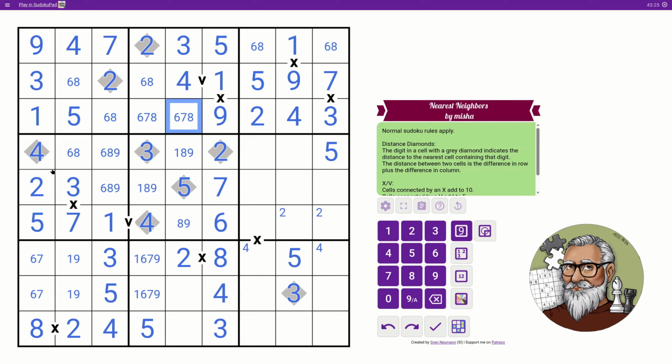Not as useful as one would hope. Do I really have to pencil mark all of these things? That doesn't sound very productive, I have to say. No, I don't have to. I just have to use my head.